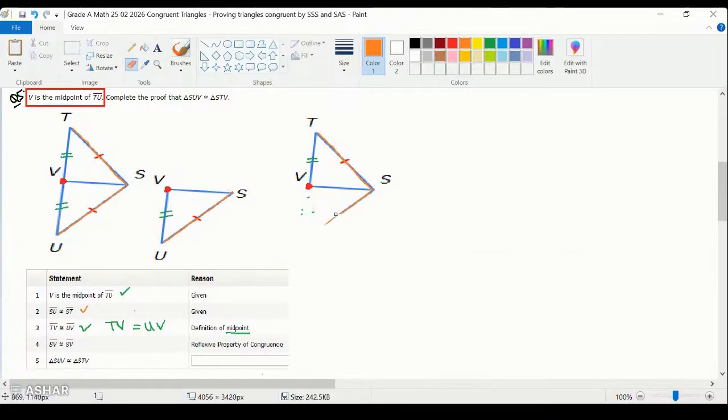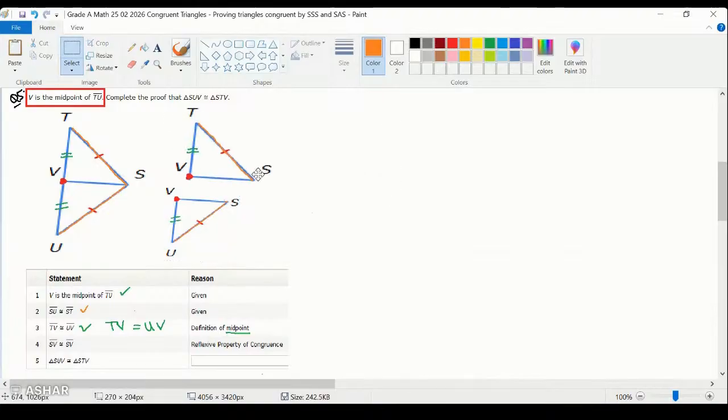Can we say that both of these triangles had a common side? Agreed? They had a common side, right? And the common side was VS. This is the common side.